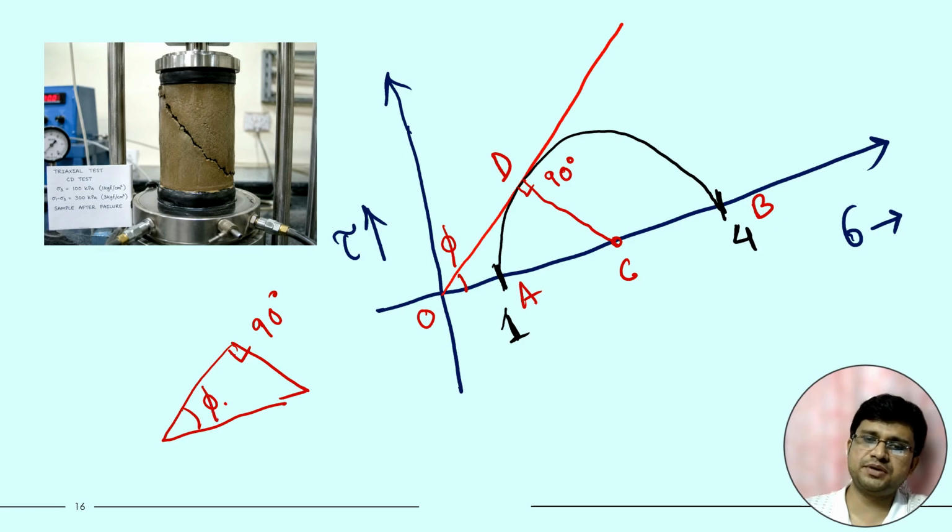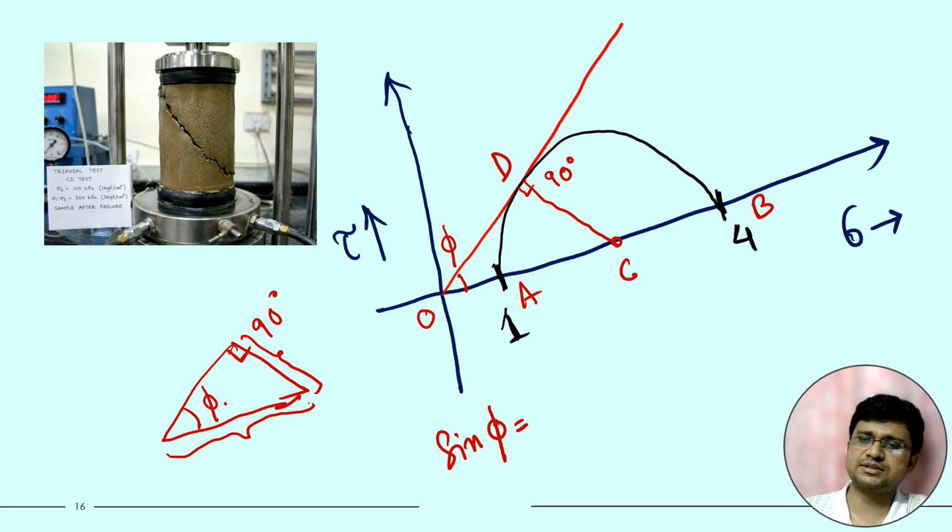So how much will be sin phi? Sin phi will be height by hypotenuse. Height is the opposite of phi. This is the height and this is the hypotenuse, as this angle is 90 degree. So how much will be the value of OC?